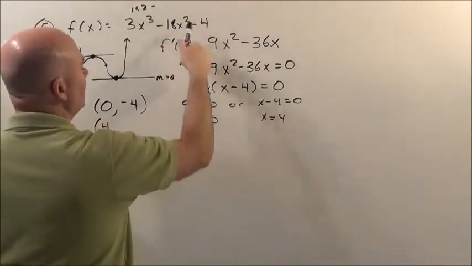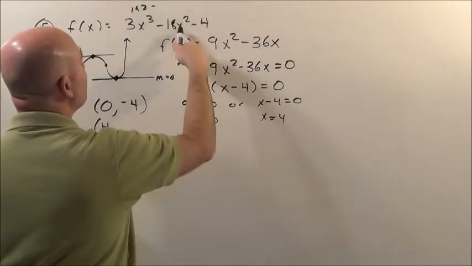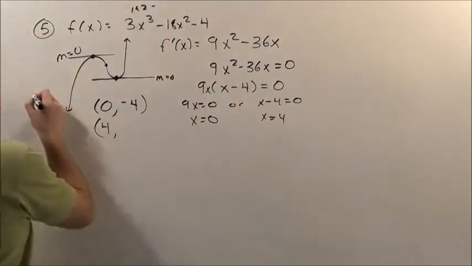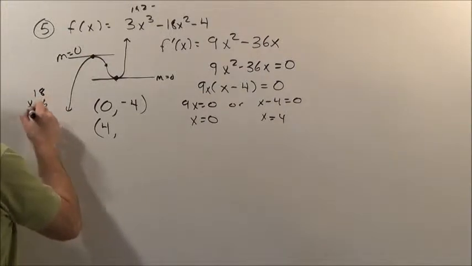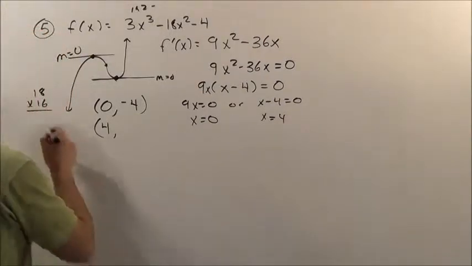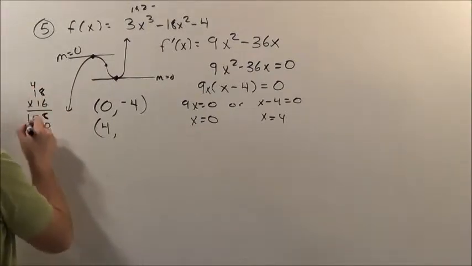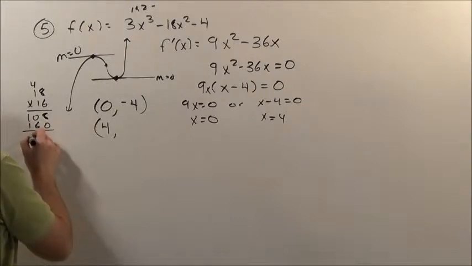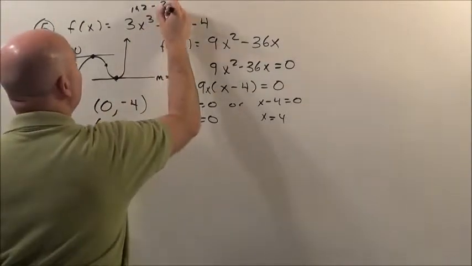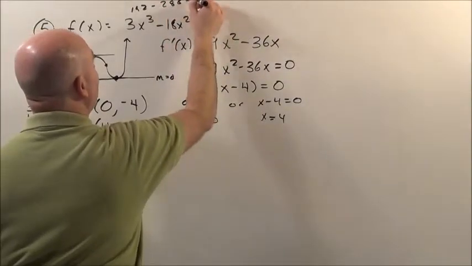Okay, minus 4 squared is 16. 18 times 16, well, to be honest, I should have thought about this before I came down here, but that's okay. I got 288. Minus 4.